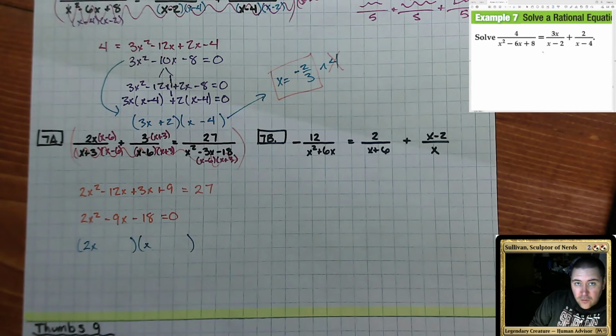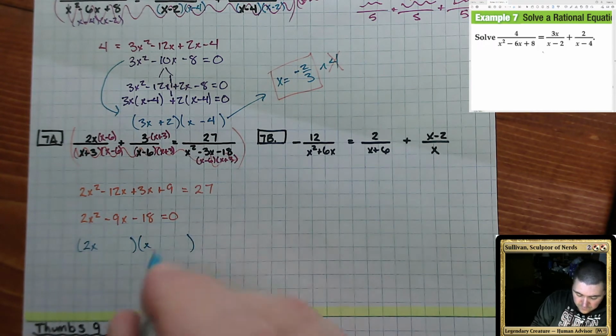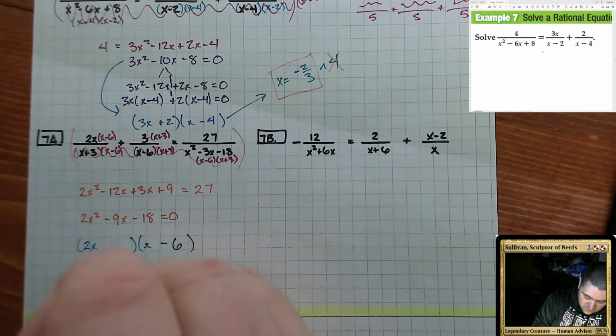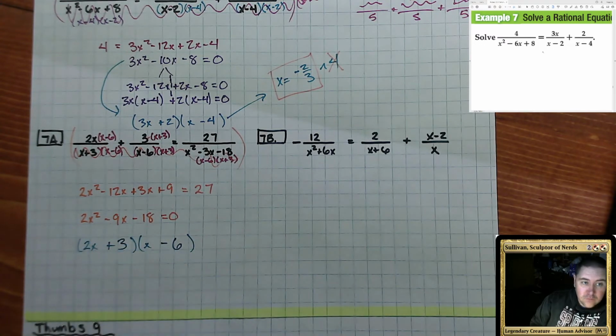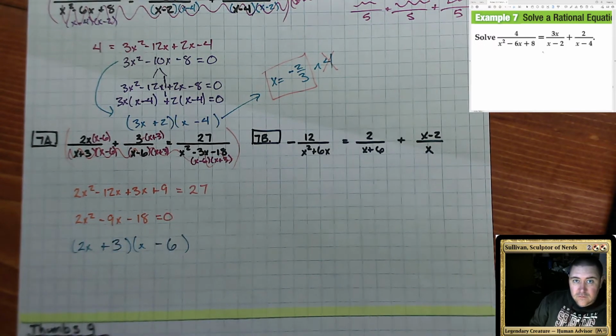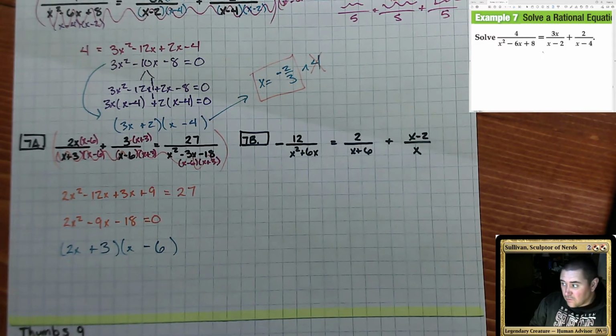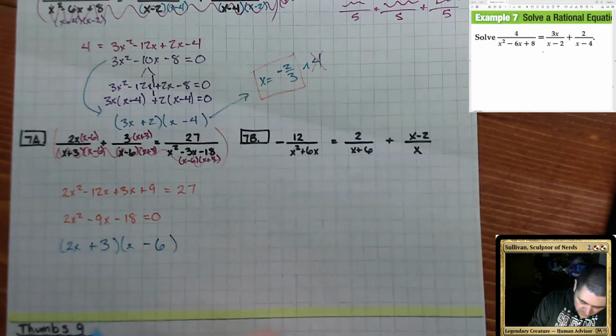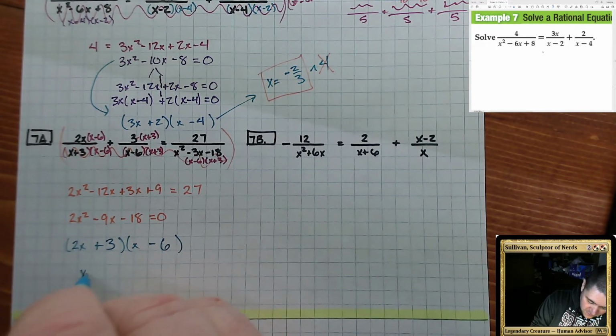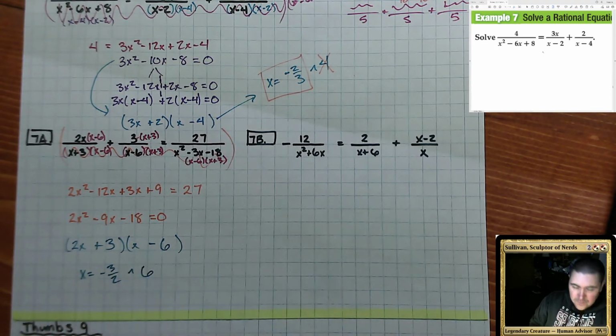Can you mental math your way through factors of negative 18 to get here?